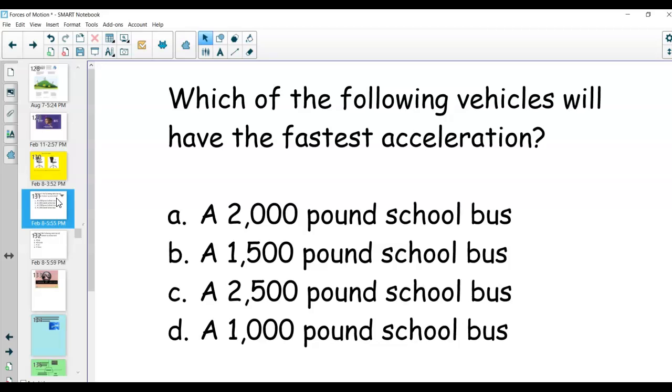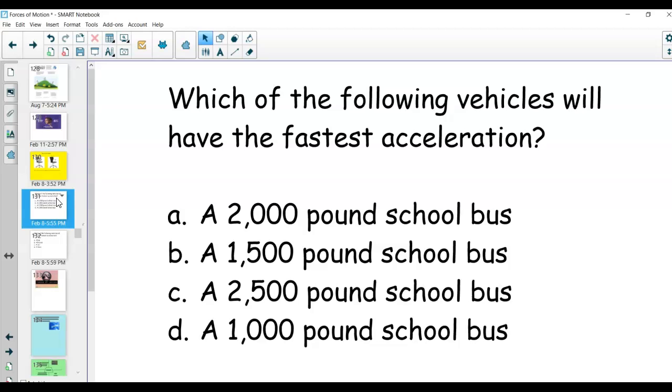If you're struggling, think about being at a stoplight and you may have a pickup truck and a semi, or like an 18-wheeler sitting beside you. Which vehicle would be able to accelerate the fastest?